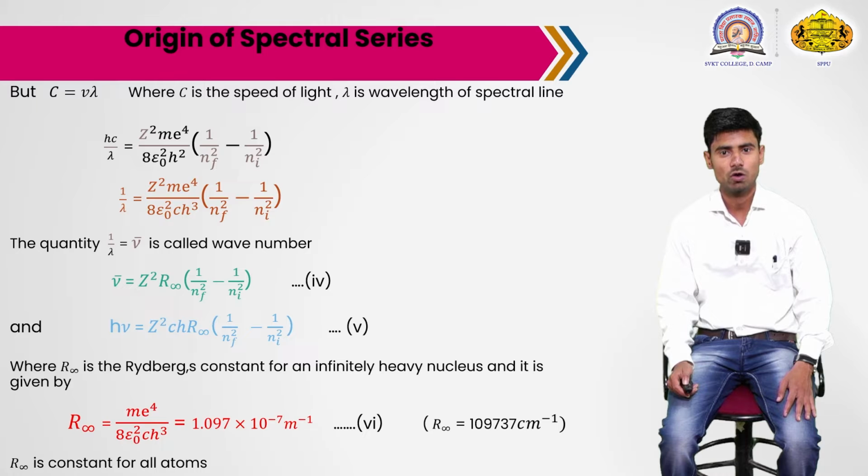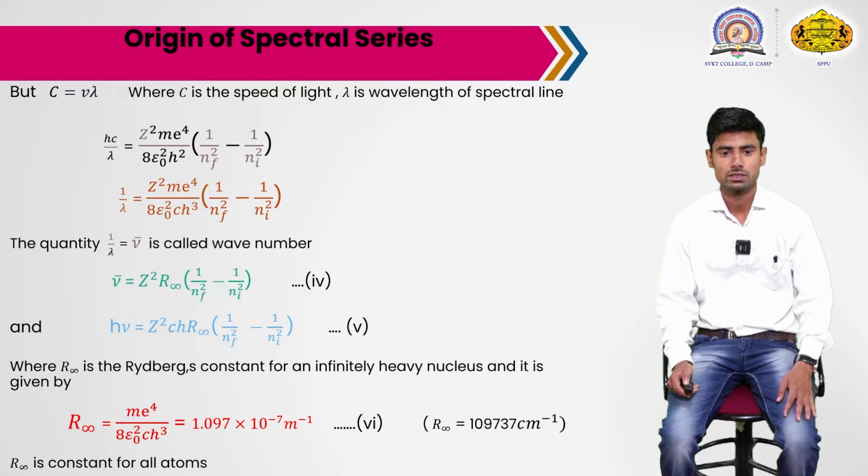By substituting all those fundamental constants, I get R infinity as 1.097 into 10 raised to 7 per meter, or if we use the unit per centimeter, then R infinity equals 109,737 per centimeter.